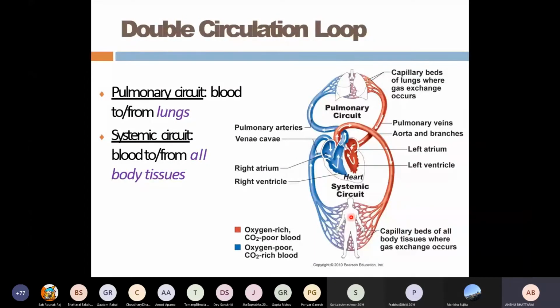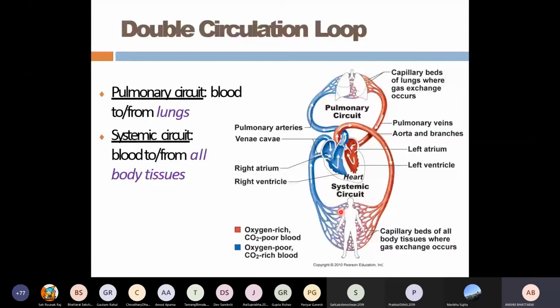So what are capillaries? Capillaries are the smallest branches of blood vessels, right? I hope you know this. They are usually very porous and fenestrated, and they have very thin walls, and gaseous exchange can easily take place through them, as well as the exchange of many materials like nutrients, ions, etc.